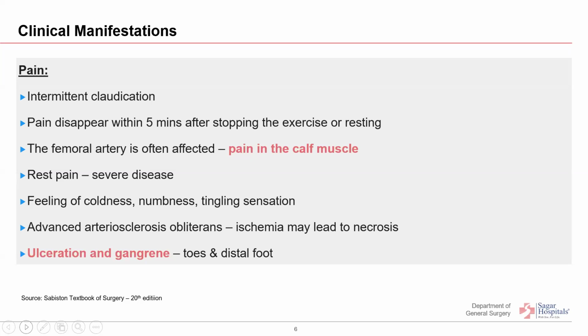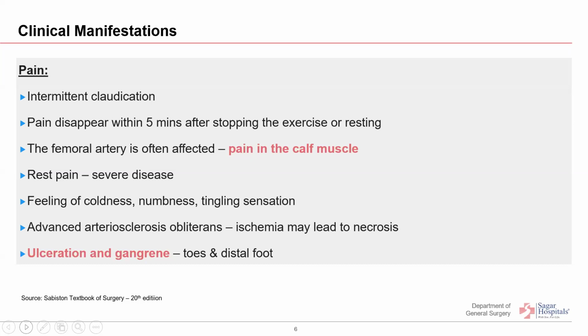And one of the most common arteries that is involved in peripheral arterial disease is the femoral artery. And when this pain becomes severe, and when the obstruction or the occlusion is severe, the patient will have rest pain, which indicates a severe disease where, in spite of the patient exercising or not, the patient continues to have pain.